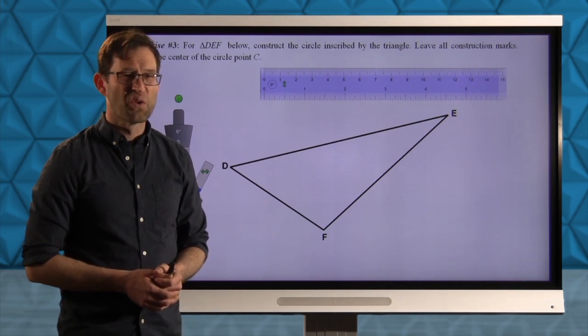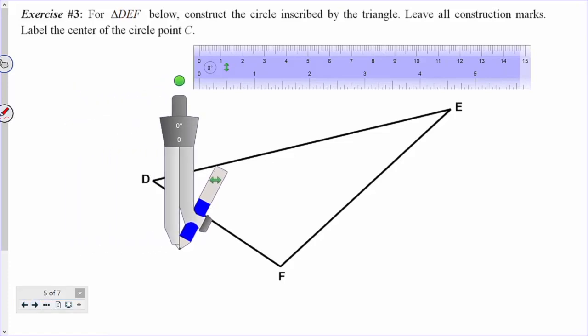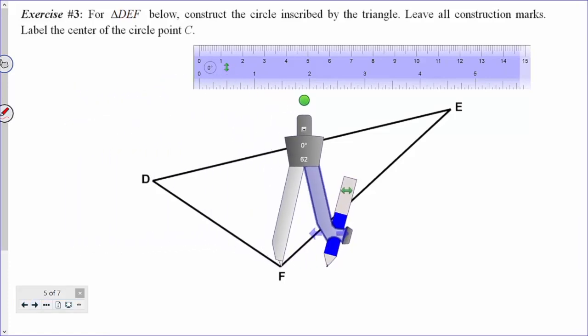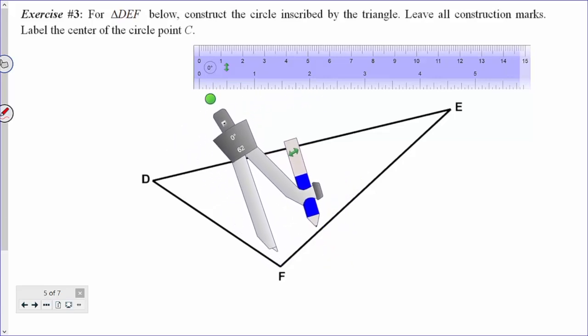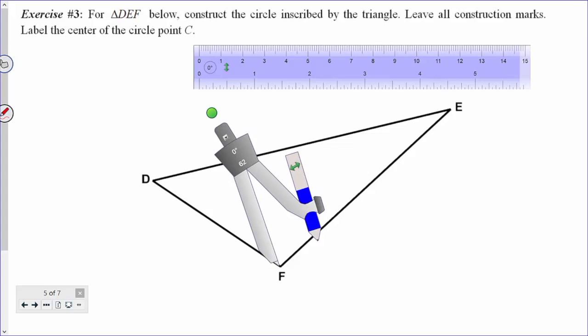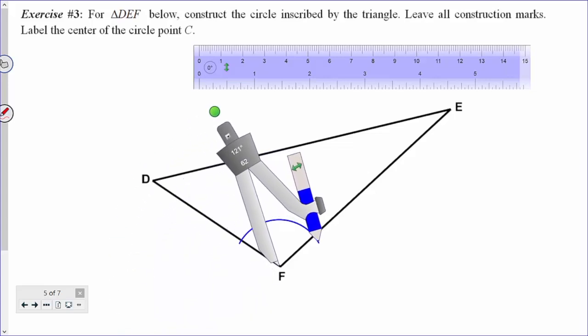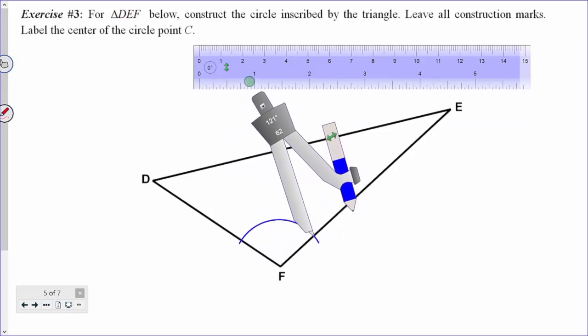All right, let's go through it. Step 1, 2 angle bisectors needed in order to find the in-center. So I'm going to bisect angle F. Yep, that'll work just fine. Immediately the thing moved off of F, which is problematic. Ugh, and it's just not on F. Anyway, already my construction is probably a little bit off.